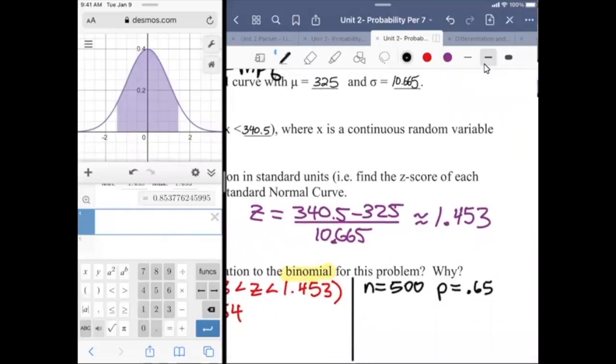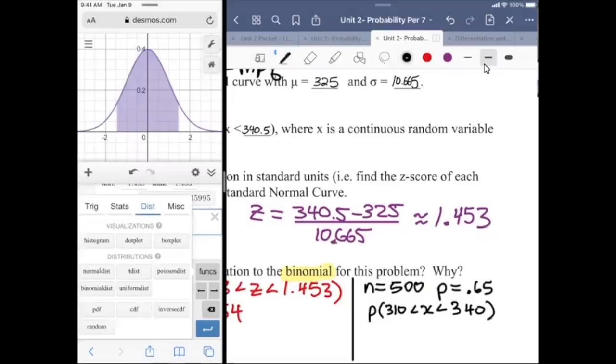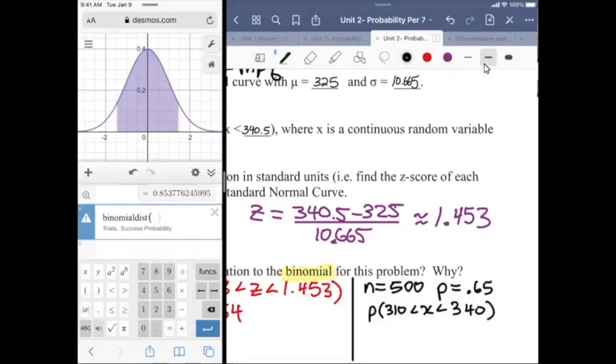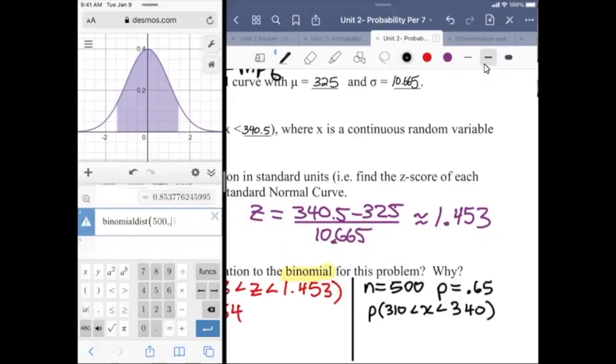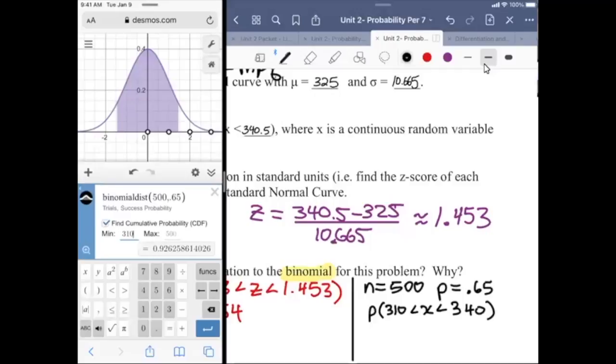So we're looking for the probability that x is between 310 and 340. That's straight up binomial distribution. So function, binomial distribution, trials 500, success probability 0.65, cumulative probability going between 310 and 340, about 0.854.